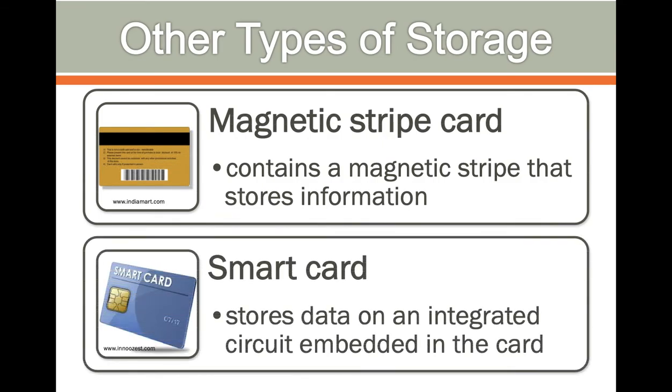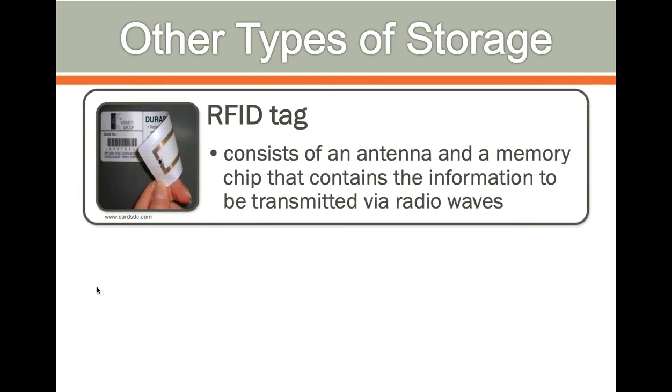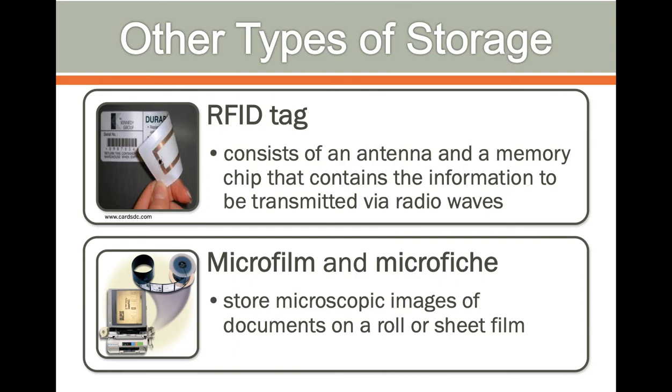Other types of storage: we also have a magnetic stripe card that contains a magnetic stripe that stores information. This is an example of a magnetic stripe card. We also have a smart card that stores data on an integrated circuit embedded in the card. We also have an RFID tag that consists of an antenna and a memory chip that contains the information to be transmitted via radio wave.